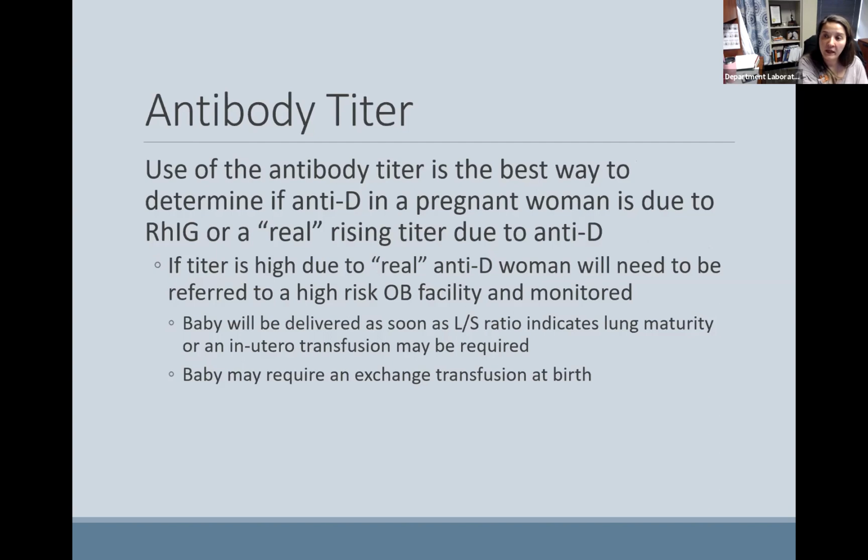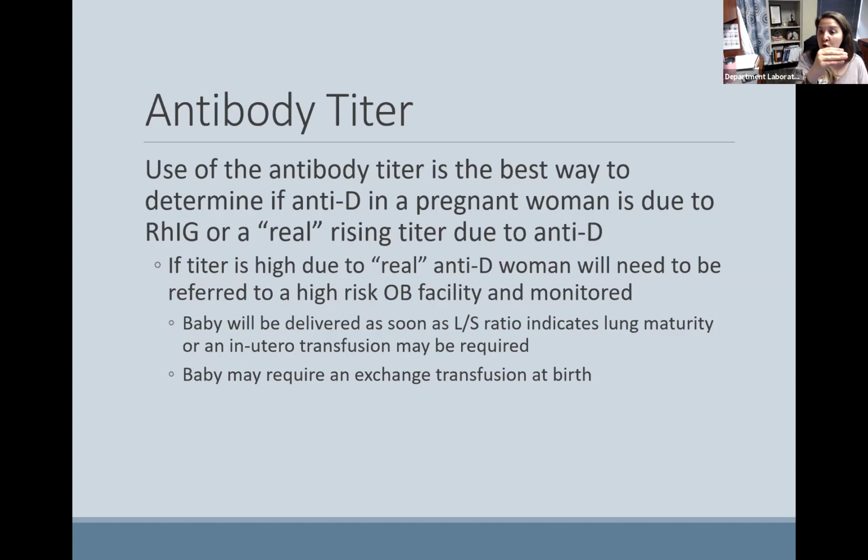And then again, we can use that titer to determine if mom's positive IAT is due to true anti-D or passive anti-D, meaning that she was given RhoGAM recently, all right? So in a true anti-D, that titer is going to be significantly higher.